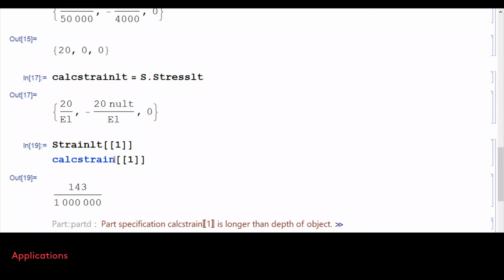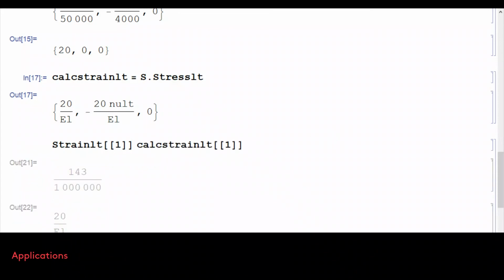Yes, I wrote the variable wrong. So these two values have to be equal, basically. And then i will be the index.